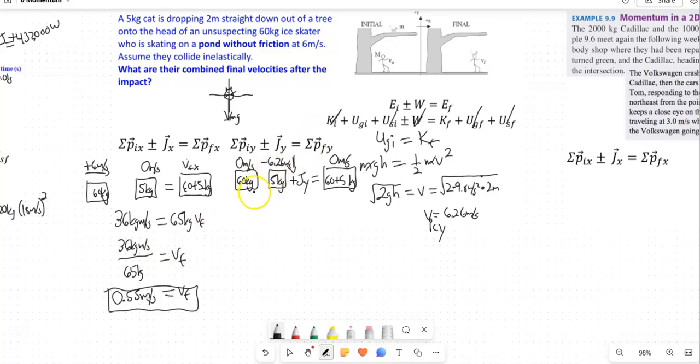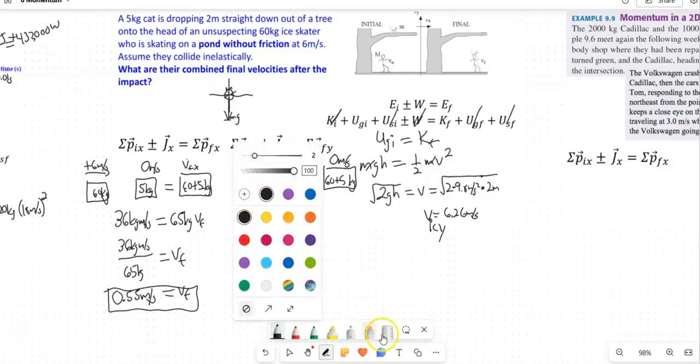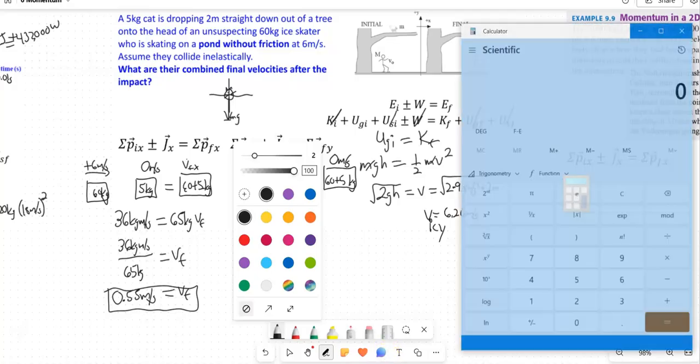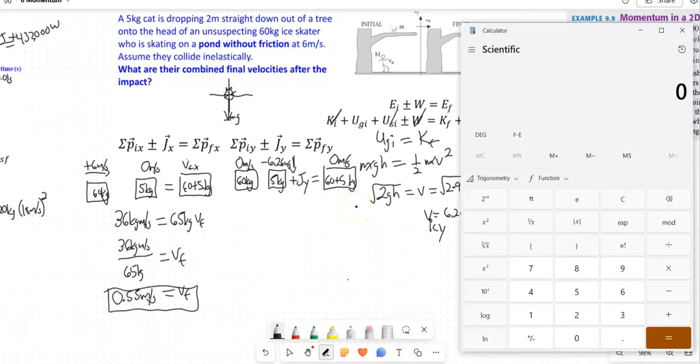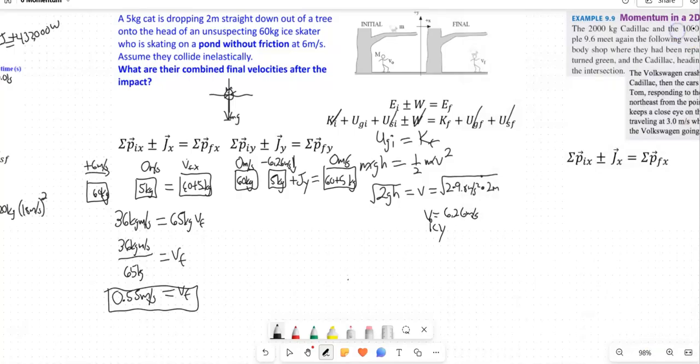However, in the y direction, something weird is happening, right? And I'll sum this up here real quick. So 6.26 negative times 5, that's negative 31.3.